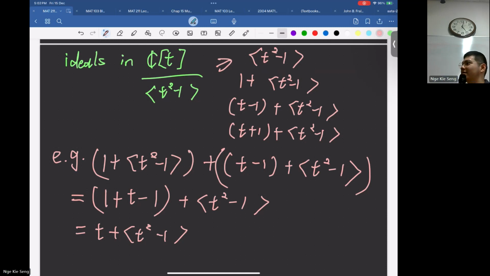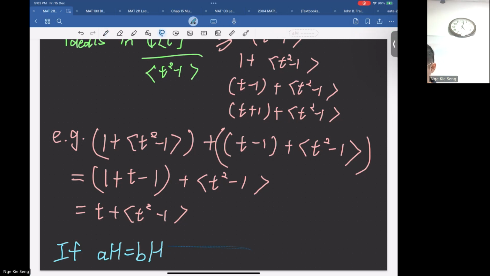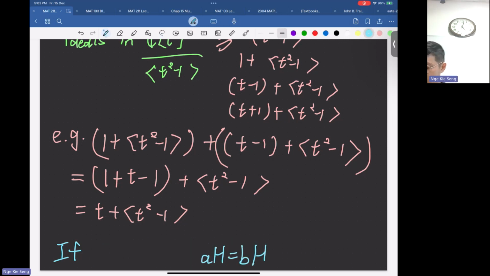How to show something lives in the same coset? Remember the theorem last time? How to show that AH equals BH?